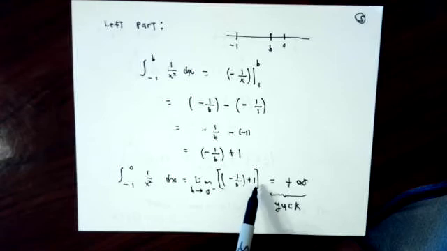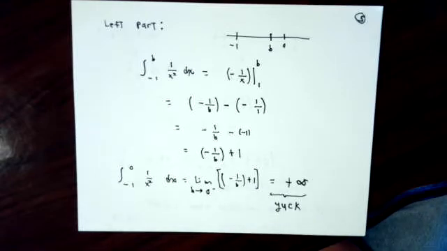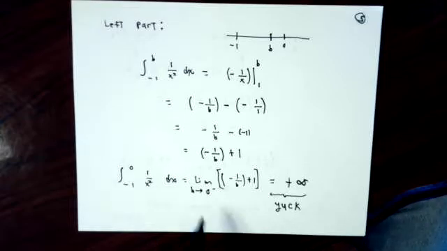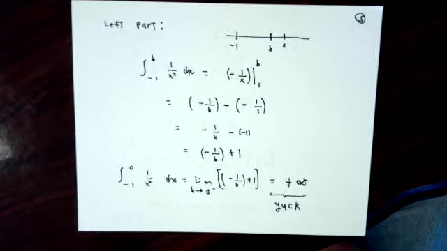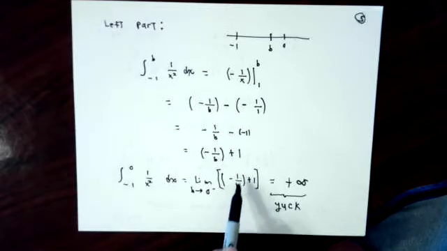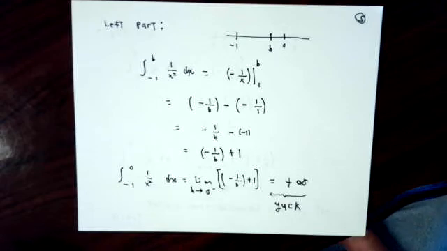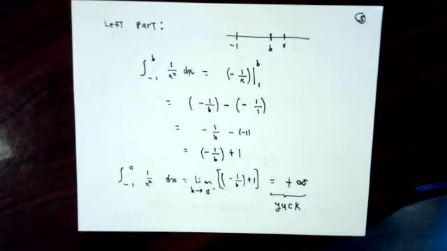This term, this 1, has no b in it. So the limit of that term is 1. I'm not concerned about that at all. B is going to be a negative number that's close to 0. So 1 over b is going to be a negative number, and it's going to be large in magnitude.